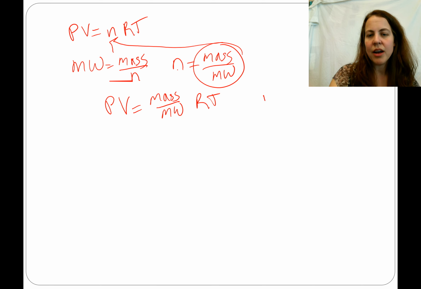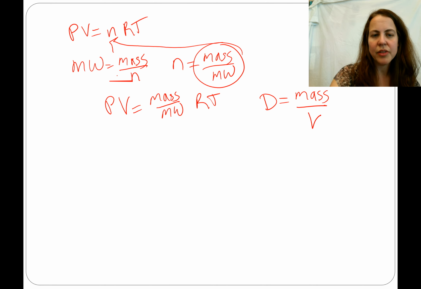Now I want to rearrange this to get density. Density is just mass over volume. So let's rearrange this equation to get mass over volume. In order to do that, first let's go ahead and get rid of all of our denominators just to clean this up a little bit. You don't have to do this step. You can skip it if you're able to. So I've got mass over here.